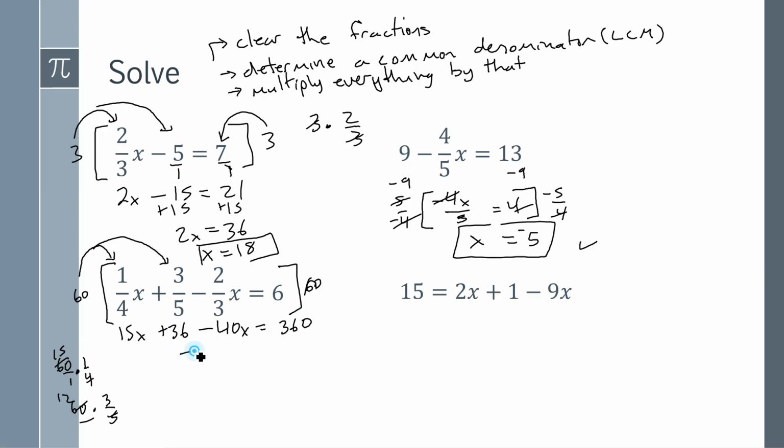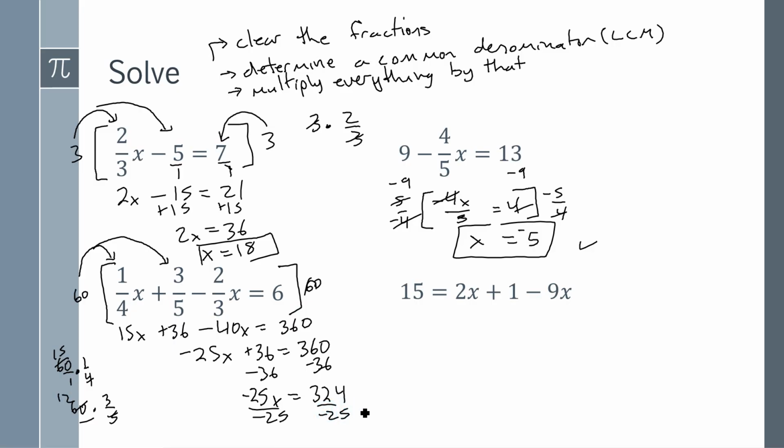Combine like terms, I get negative 25x plus 36 equals 360. I'll subtract the 36. And 360 minus 36 is 324. And now divide both sides by negative 25.